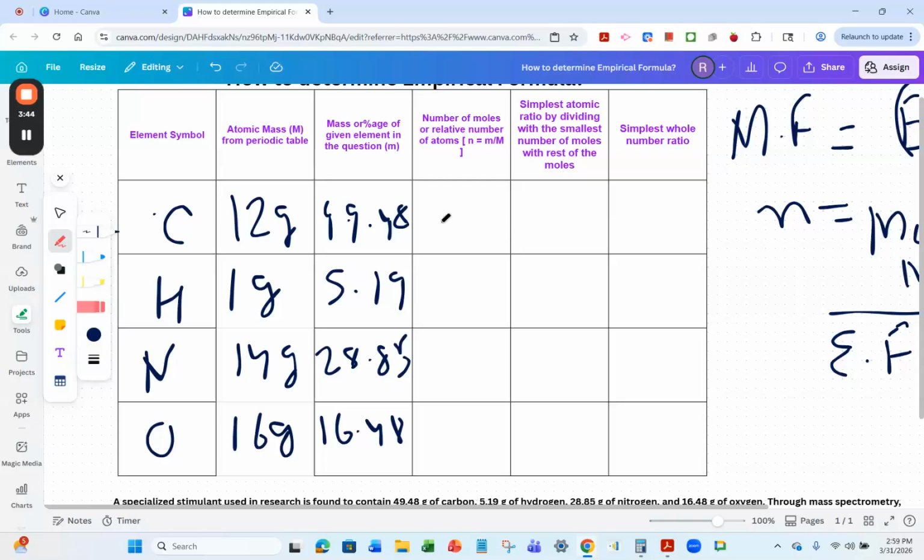In my fourth column, we need to find the number of moles.